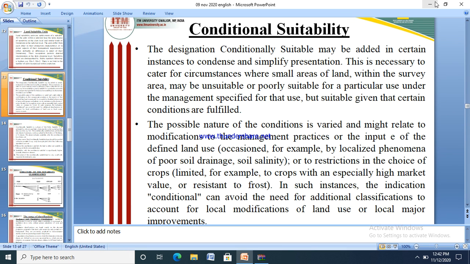The possible nature of the condition is varied and might relate to modification to the management practices or the inputs of the defined land use.